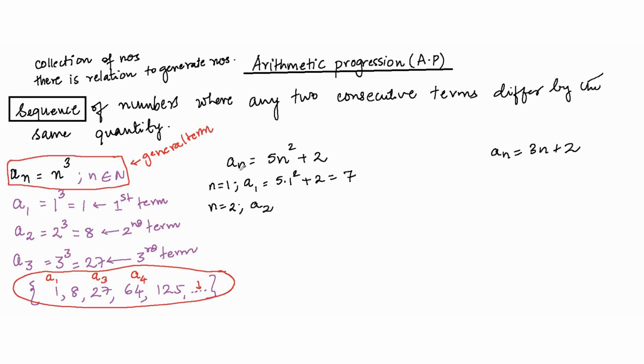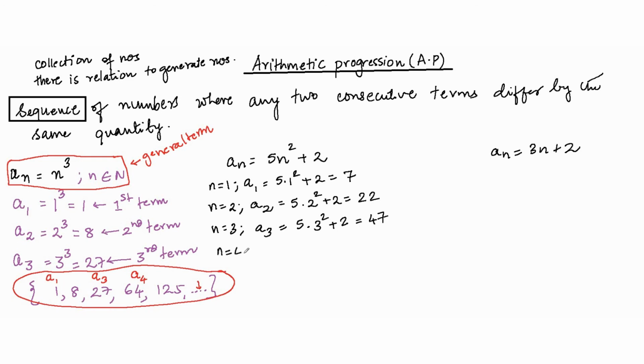So a2 equals 5 into 2 square plus 2, that is 5 4s are 20 plus 2 is 22. When I substitute n equals 3, a3 becomes 5 into 3 square plus 2. Now 3 square is 9, 5 9s are 45 plus 2 is 47.